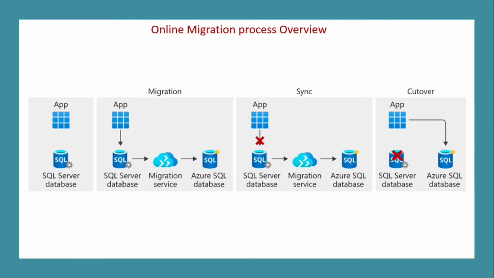And once the last bit of the transactions, whatever was left out, have come up and all are in sync, then you would disconnect the source, and at a time you decide, push the connection strings and everything to the target itself, and people would start communicating to the target database.